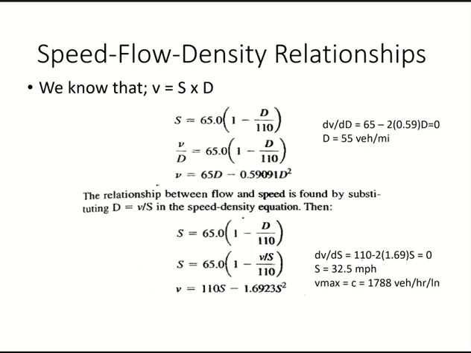Now in this equation, I will replace S. S equals V upon D. So S will be replaced with V upon D, and D will go on the other side. This is the final equation. Clear?